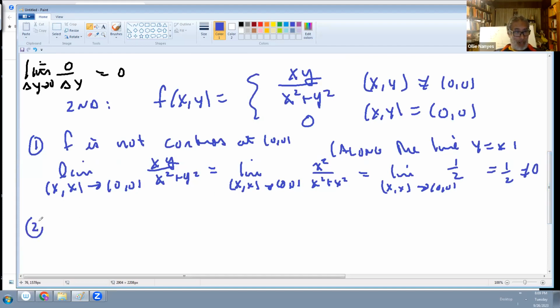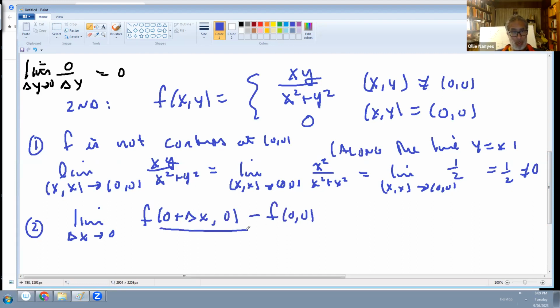The second thing, though, is if we look at the partial derivatives, and if we take a limit as the change in x goes to 0 of f of 0 plus change in x, 0 minus f of 0, 0 over delta x, what happens is that at the top, we have a delta x for x. The y is a 0.